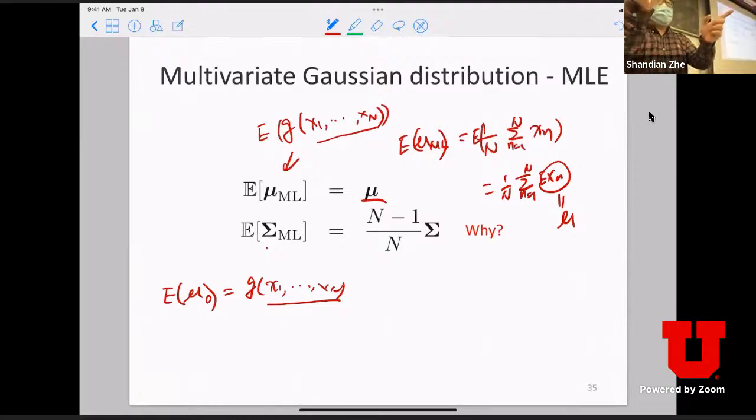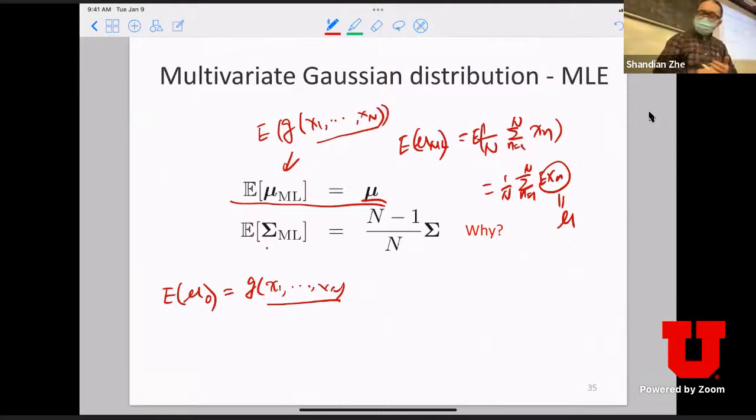No matter how it perturbs, you can imagine if I do this estimate 1,000 times, on average they converge to the ground truth. I don't want them to still deviate from the ground truth after 1,000 estimates. That's not good. So that's why we always check if your estimate is unbiased or biased. If it is unbiased, it's a good property.